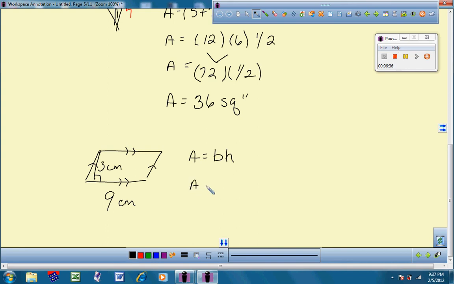So we take 9 times 3, which is 27. Take our units and square them, so the area of this parallelogram is 27 centimeters squared.